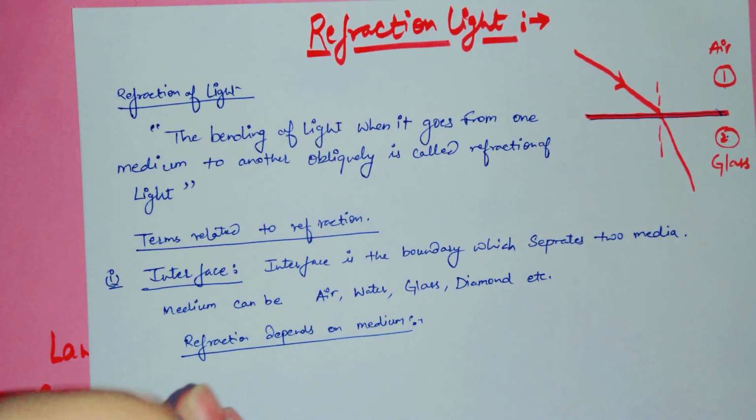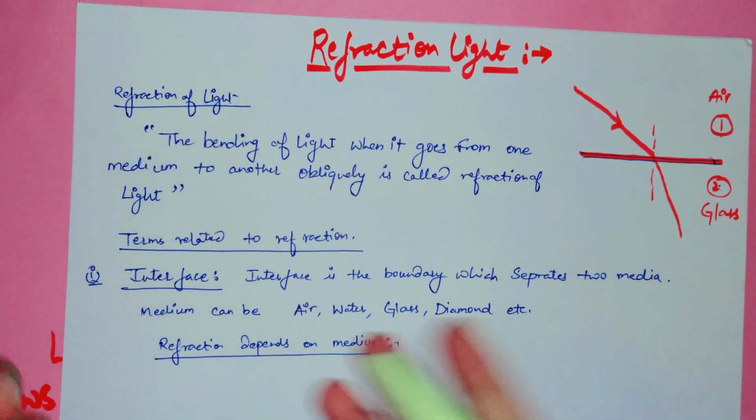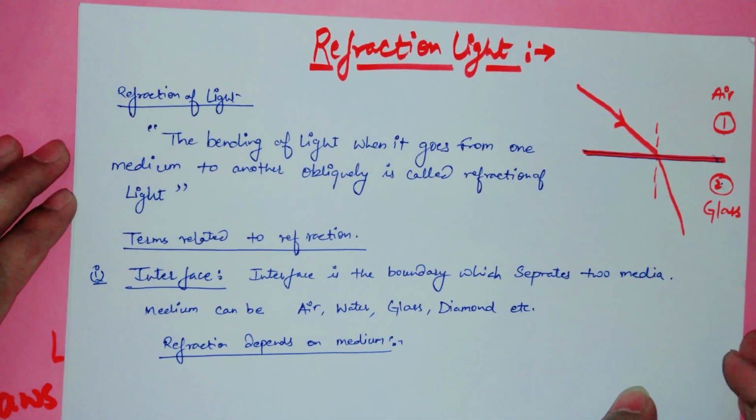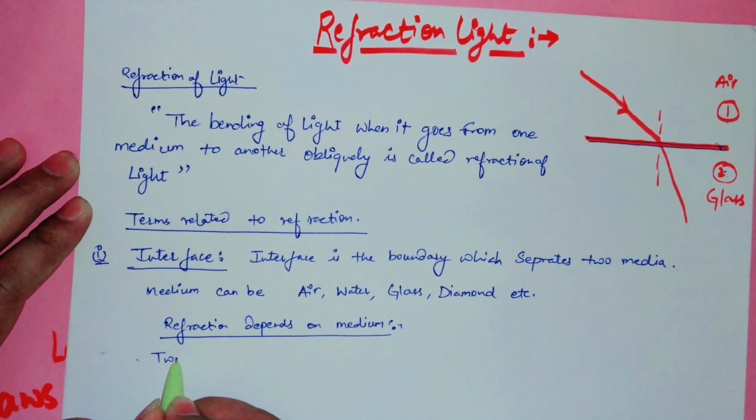So we know what is interface and what is medium. Now, how many types of medium are there? We have air, water, glass, diamond. What is different in them? We will study that there are two types of media.